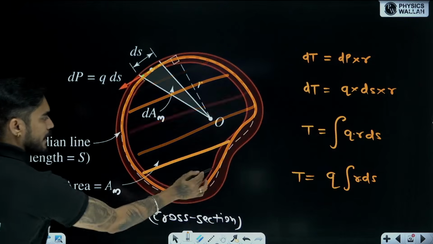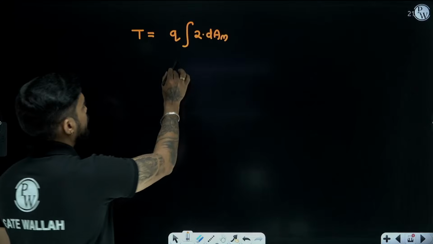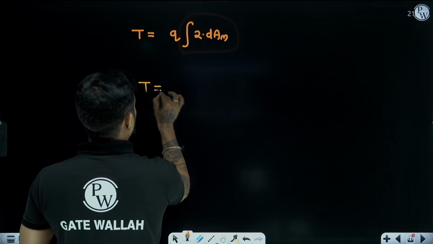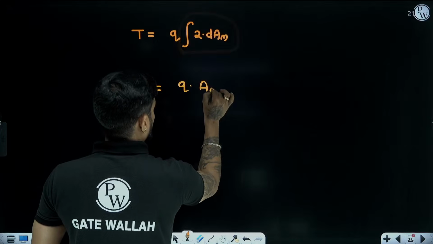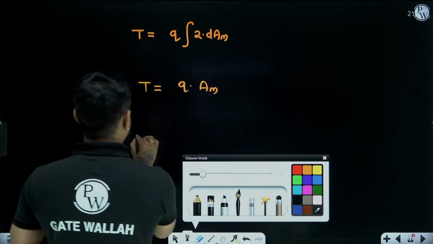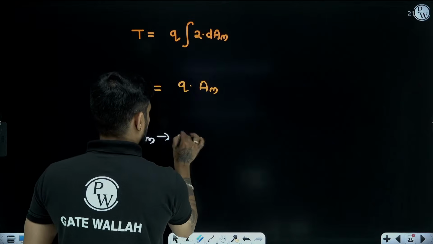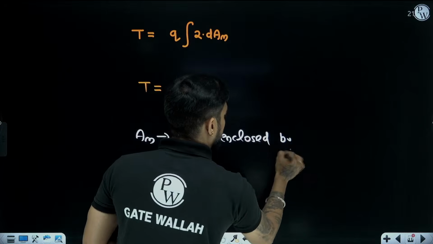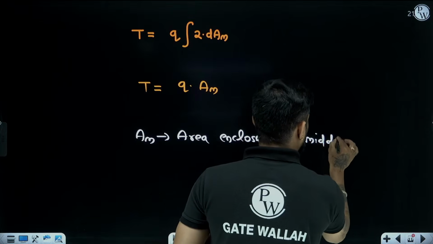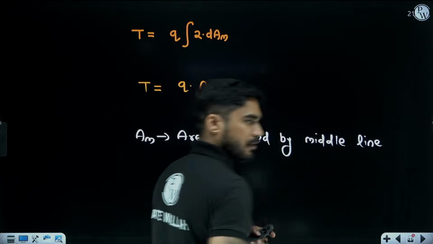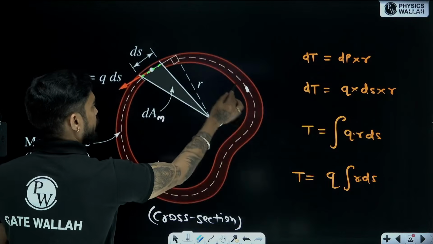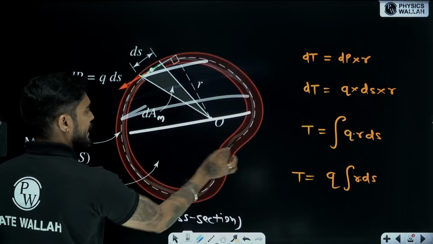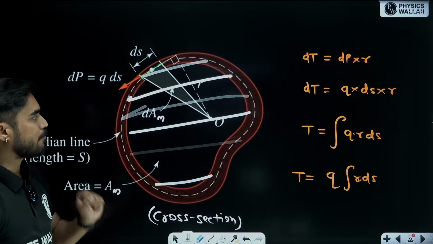So this integration will become this, where Am is the area enclosed by the middle line. This middle line is creating a closed area, and that area is given by Am.